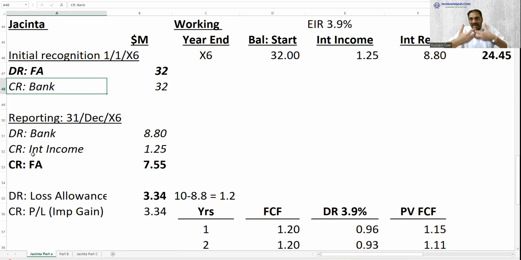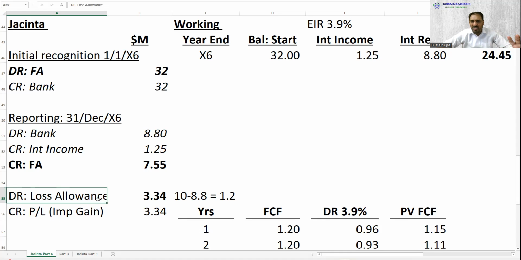Sir, with the balance sheet, can we net off? But here the net off is not minus. The word net is wrong. It's something about 24.45 plus, because here loss allowance is not credit, it is debit. Like the allowance for doubtful debts, here the allowance is in a debit position. So the financial asset of 24.45 plus 3.34 is the value reflected as the gross amount.